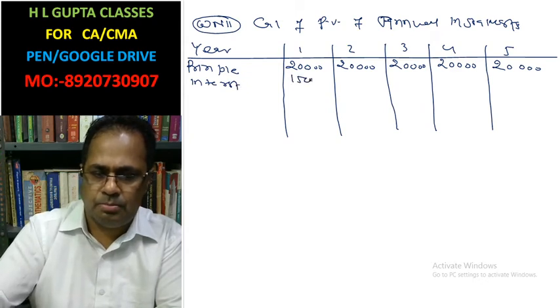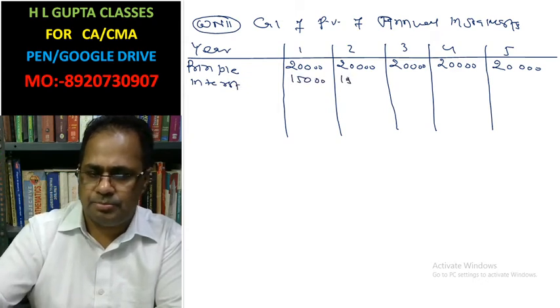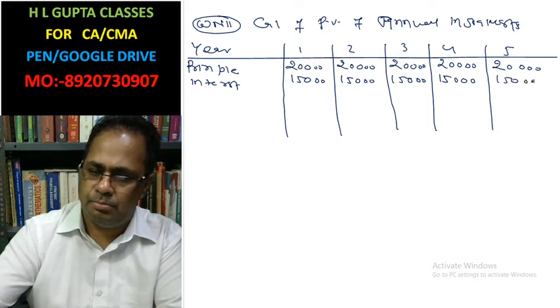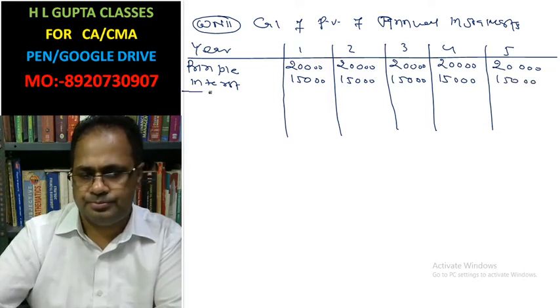Interest 15,000, 15,000, 15,000, 15,000, 15,000.